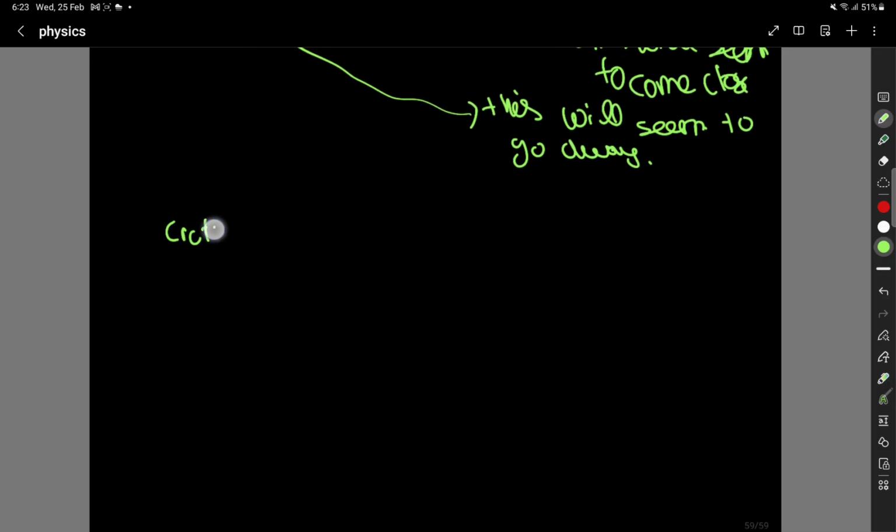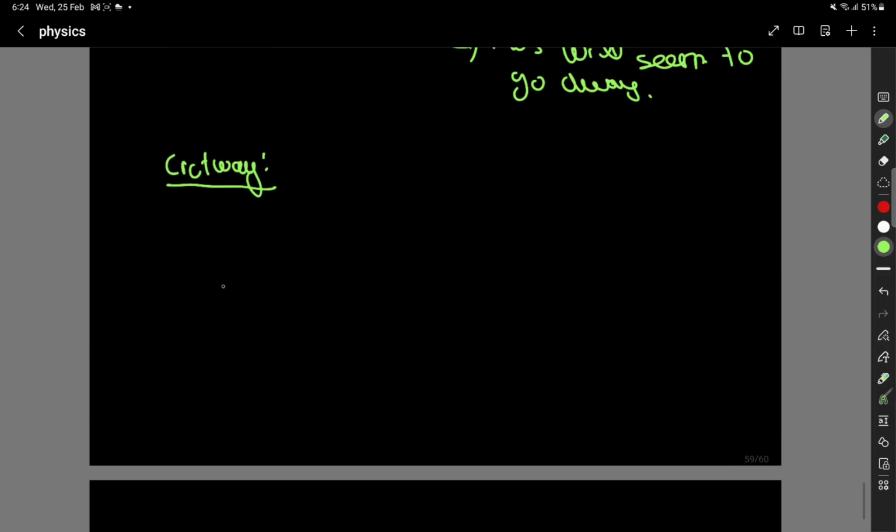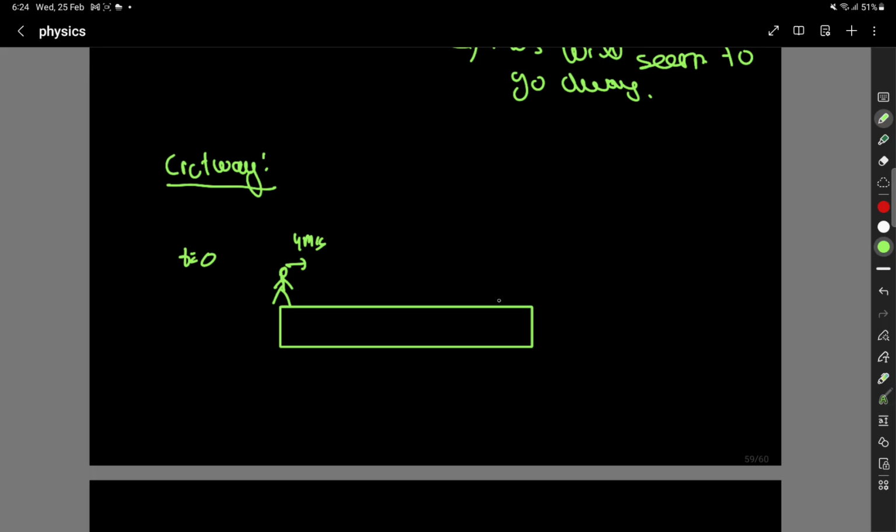So the correct way is kind of like the same method, but we have to apply it with respect to the ground. At t equal to 0, since this guy is going with 4 meters per second, this guy will go with 2 meters per second.